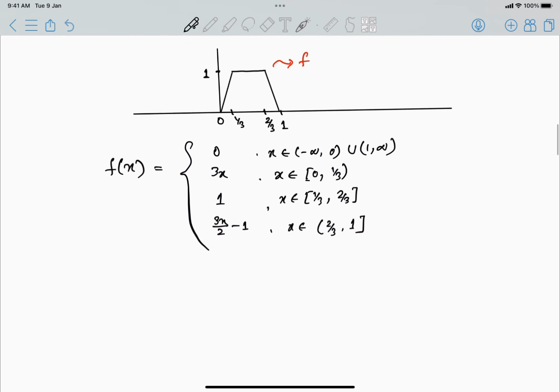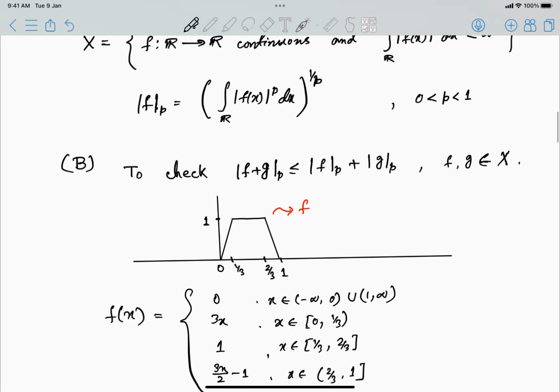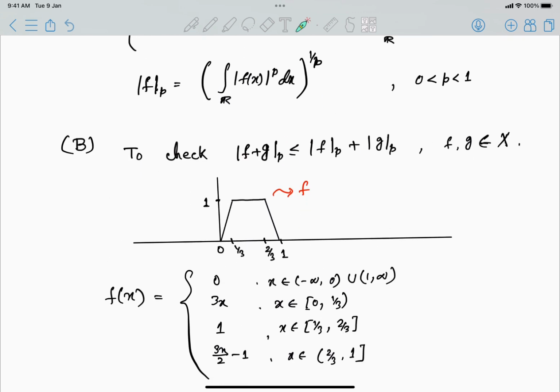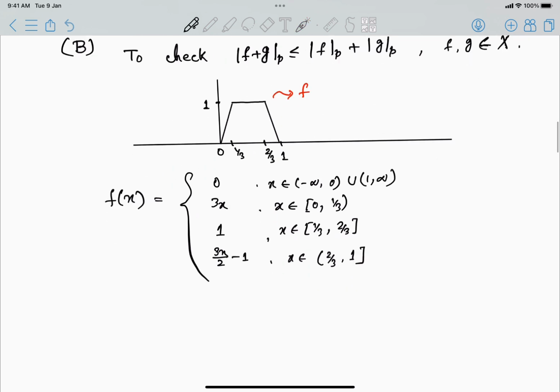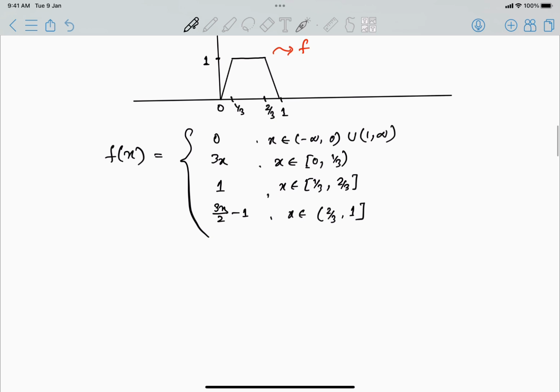So this is our definition of f. We'll show that this inequality does not hold. We'll choose some particular f and g where it is not satisfied. We have taken this to be f. So this is a continuous function. Note f is continuous.